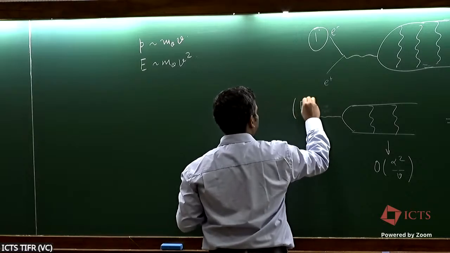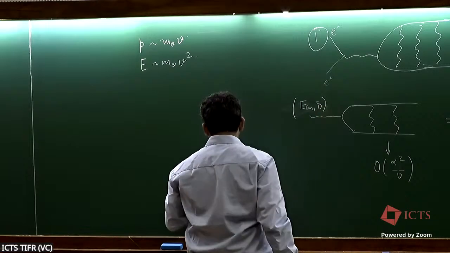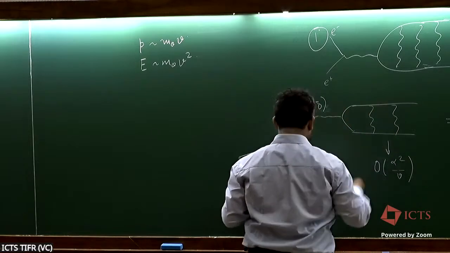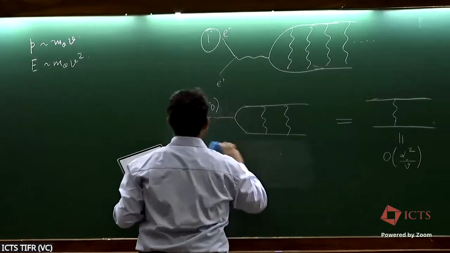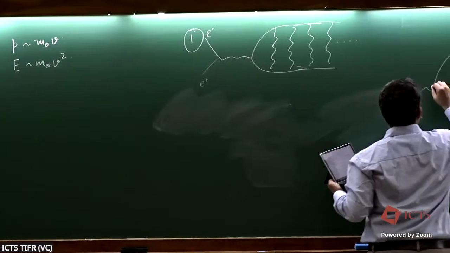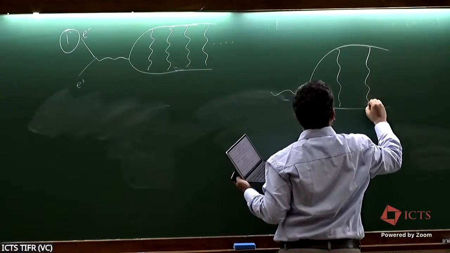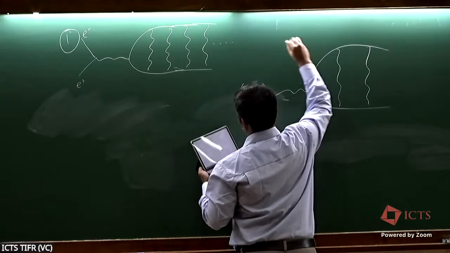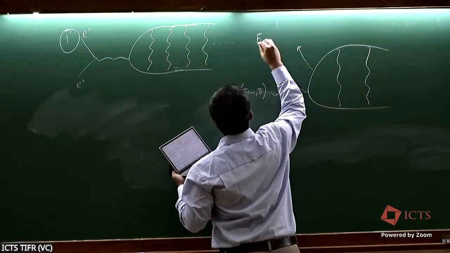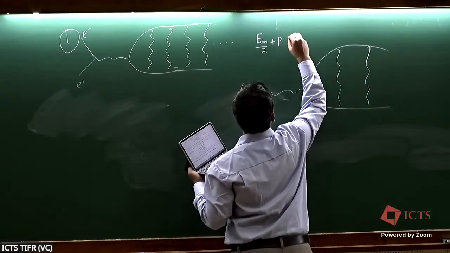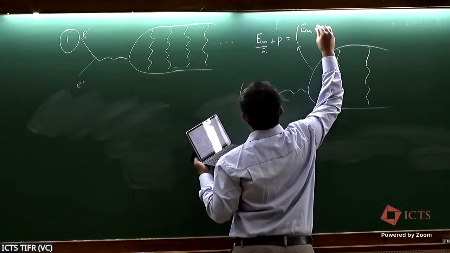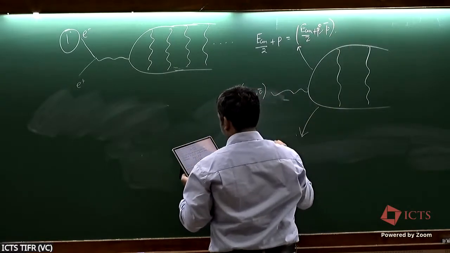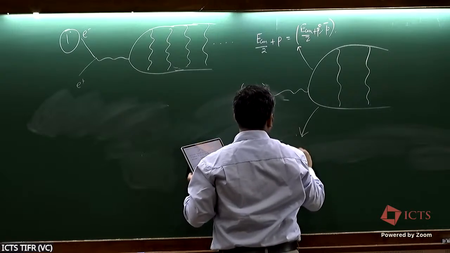Let me make it a bigger diagram. Let me write the momentum, and then I'll leave it up to you to figure out how for bound state it is at the order of alpha v^2.